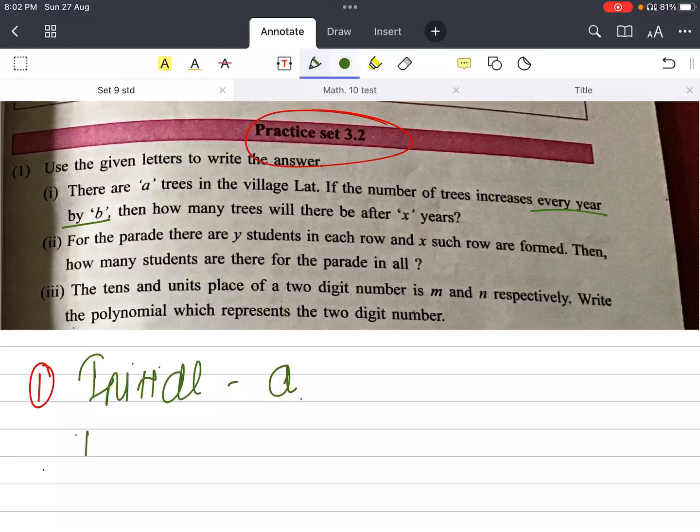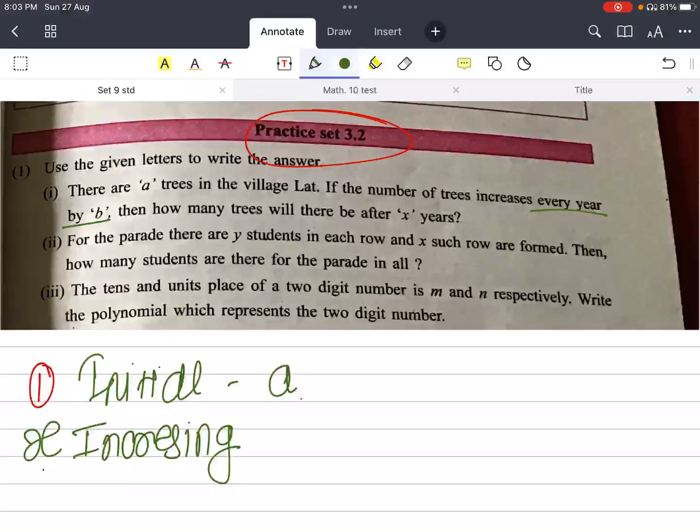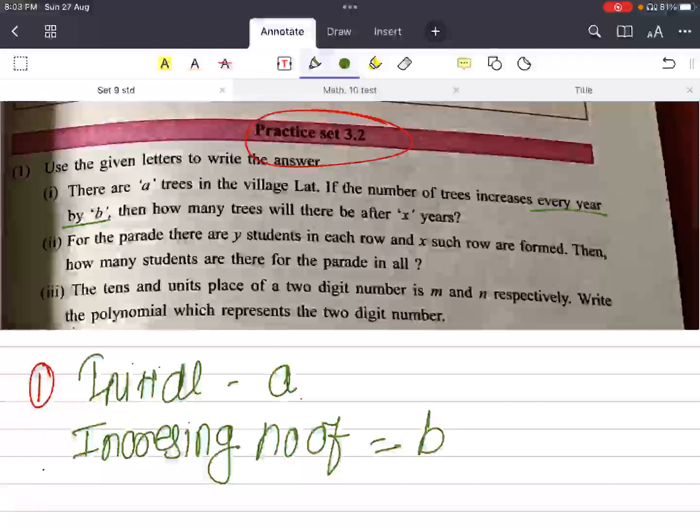So let's assume it B trees, the increasing number of trees. Let's assume it as B. Clear?